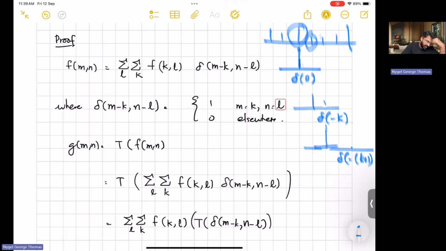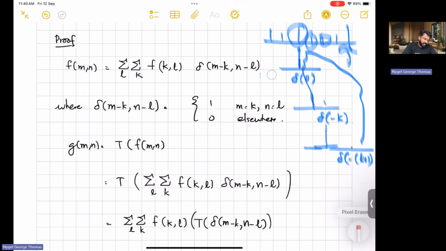I multiply this with this function, I get this sample. So if I shift the deltas along the entire domain and multiply with the corresponding f k value, then adding all of them together, finally I can end up getting the signal, right? So that is what is written here.